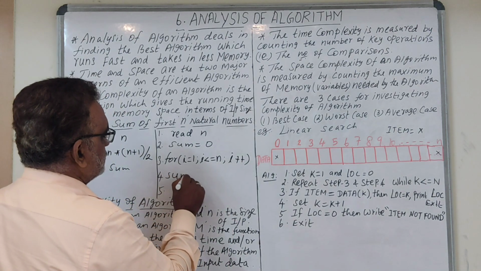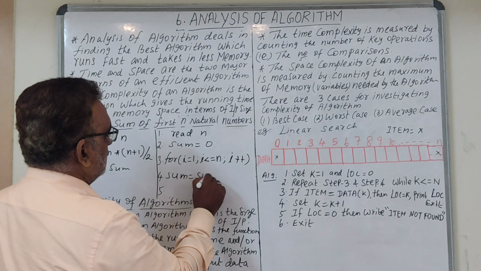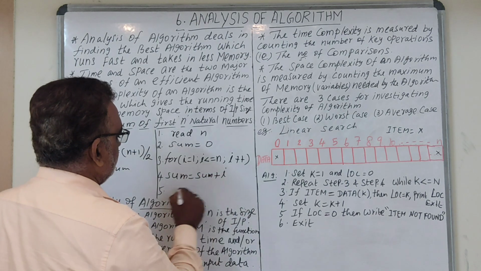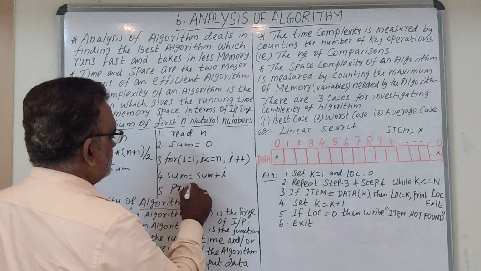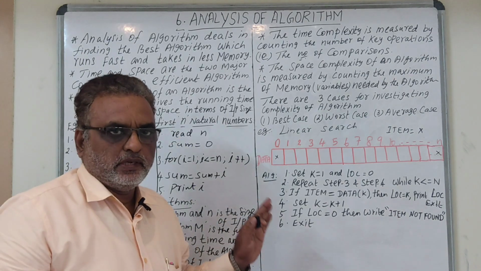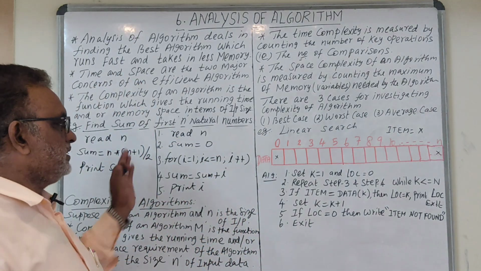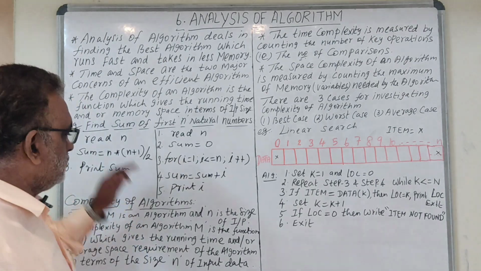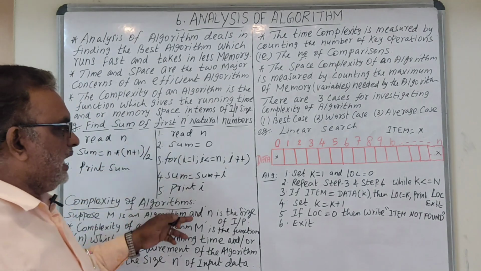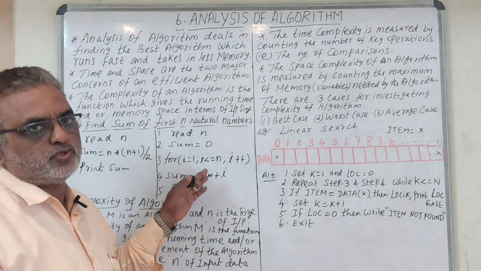This is a for loop. Inside the for loop we are performing this addition: sum is equal to sum plus i. Print sum. So this is also another way of solving this problem. Here, in the first one, we directly implemented the formula, and in this one we have just used a loop.